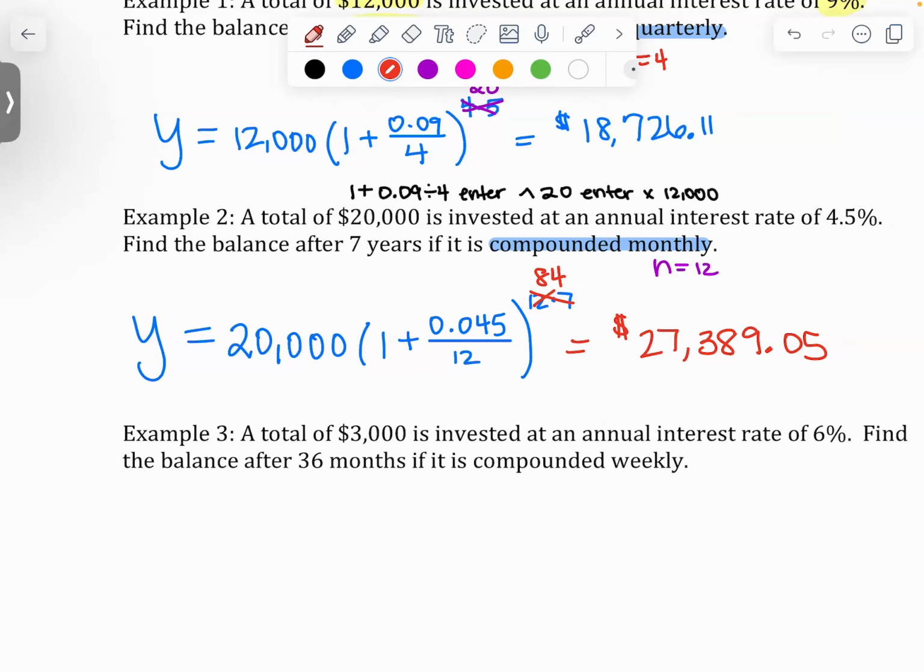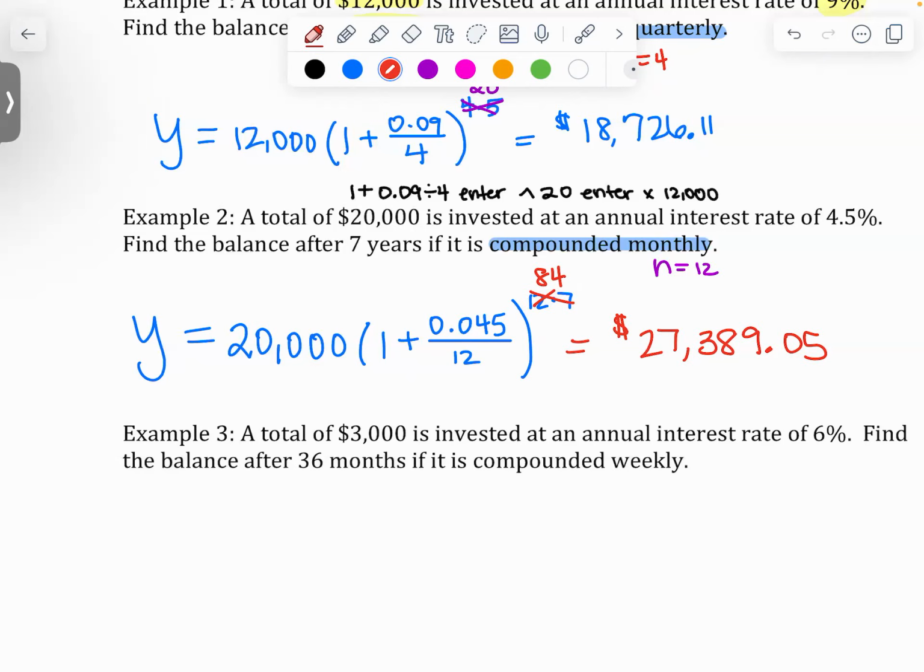Is it 0.045? Jacob, you got that? Okay, $27,389.05. So you're saying after 7 years, we made $7,000. Not so bad.